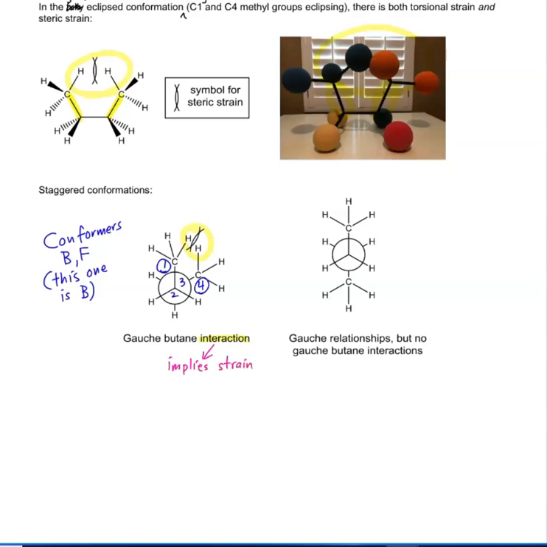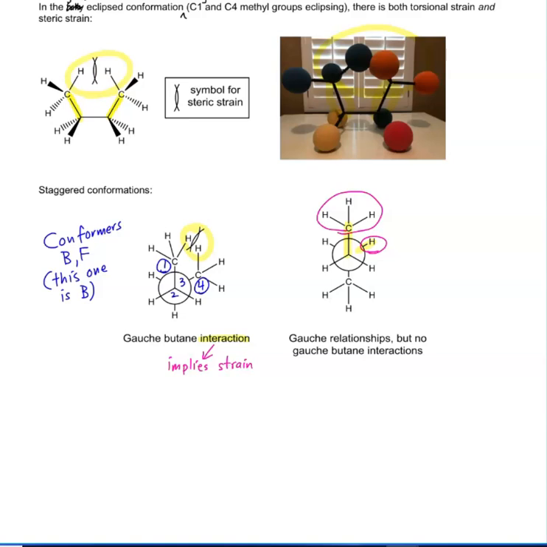By contrast, if we look at a different staggered conformation from our conformational analysis on the previous page, look at this methyl group here and this hydrogen. So based on where the bonds are, it's this bond and this bond. Those bonds are gauche.